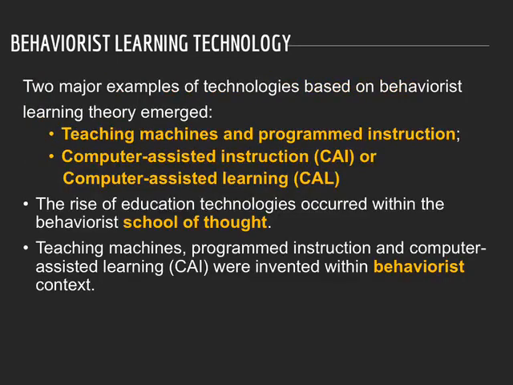Two major examples of technologies based on behaviorist learning theory emerge, which are teaching machines and program instruction and computer-assisted instruction, CAI, or computer-assisted learning, CAL.